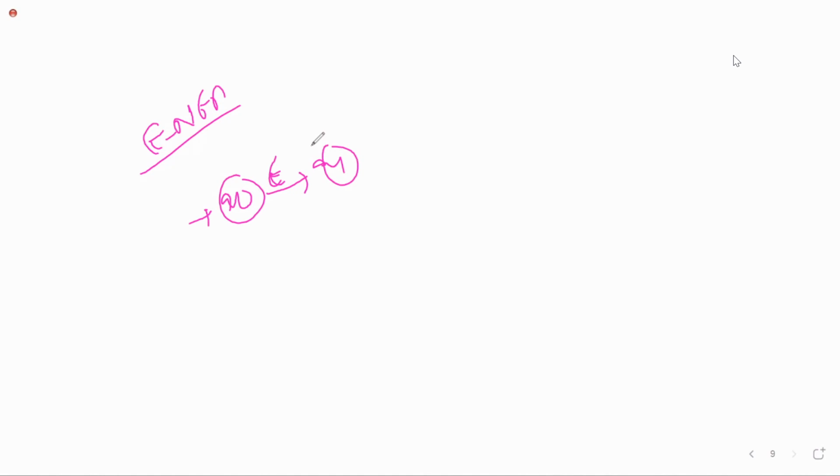Is anybody having doubt regarding this? What is the language it is accepting? L is equal to epsilon. Epsilon doesn't mean it has nothing, it has epsilon. An NFA is a five-tuple only.